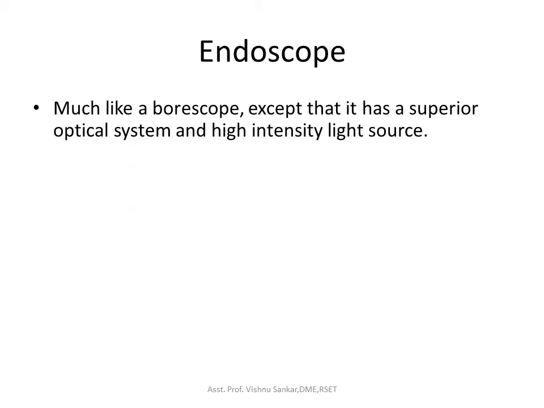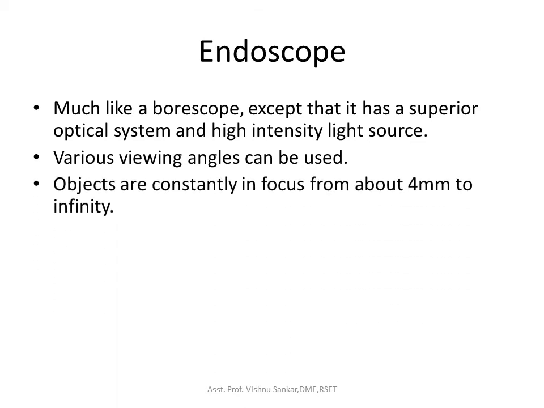Now, moving on to the third optical aid which is used in visual inspection, the endoscope. Endoscope is much like a borescope except that it has a superior optical system and a high intensity light source. Various viewing angles can be used in an endoscope.